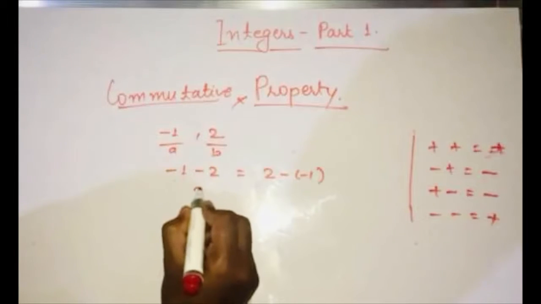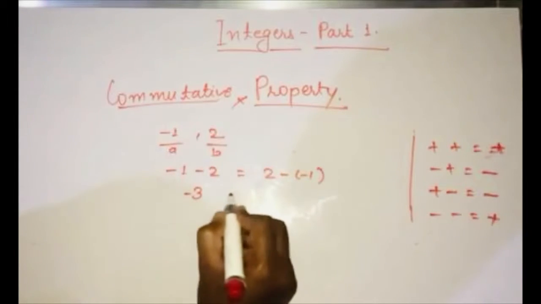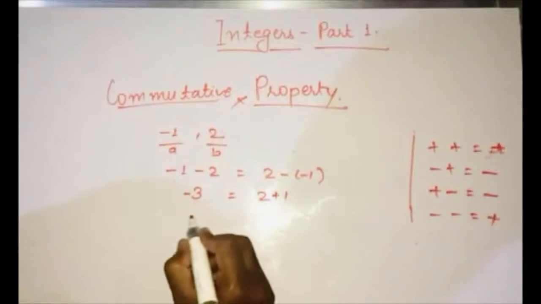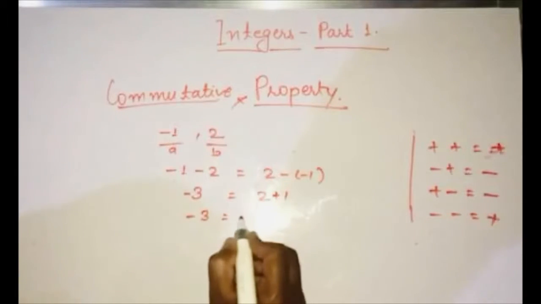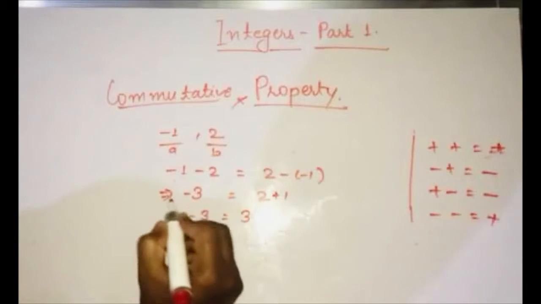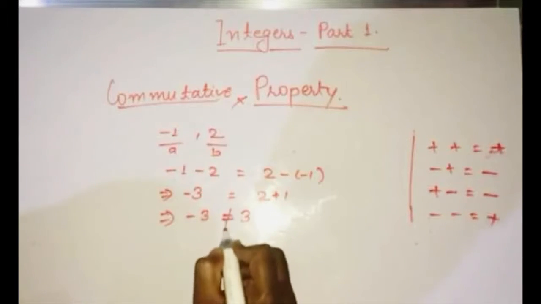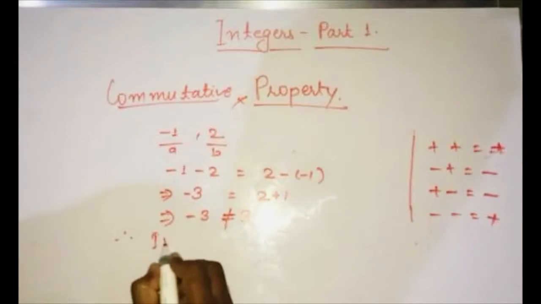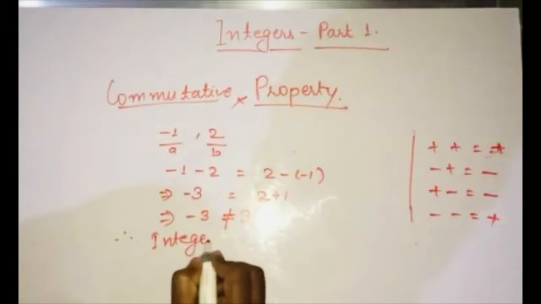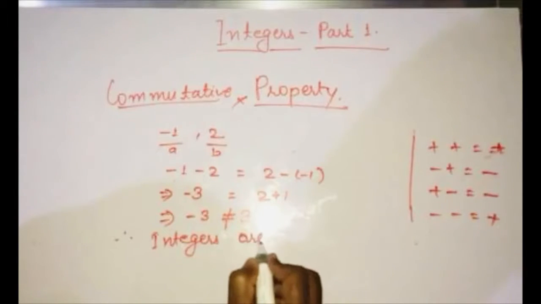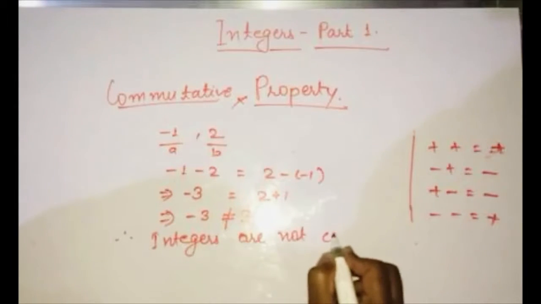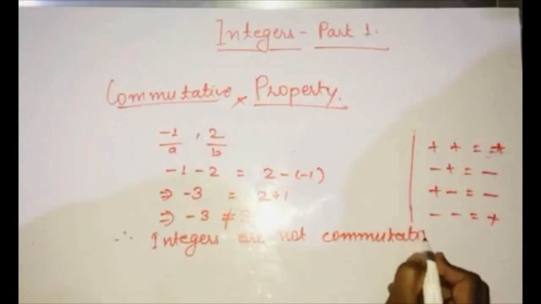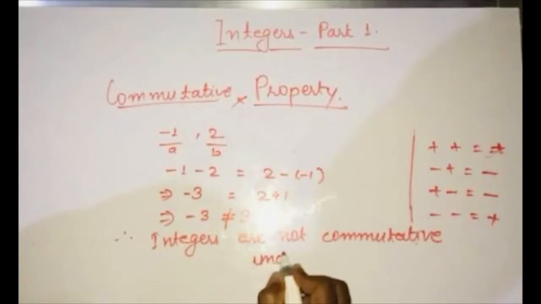So 2 and 1, 3. Which sign will I keep? The sign of the highest number. Then 2 minus -1 is 2 plus 1, 3. So -3 is not equal to 3. Hence you can say that integers are not commutative under subtraction.